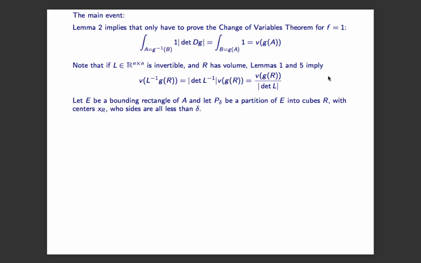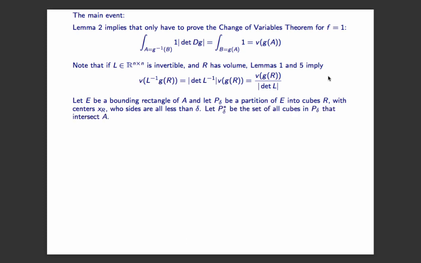Now let E be a bounding rectangle of A, and let P delta be a partition of E into cubes R with centers x_R and whose sides are all less than delta.